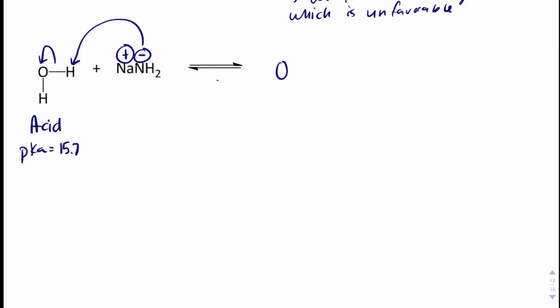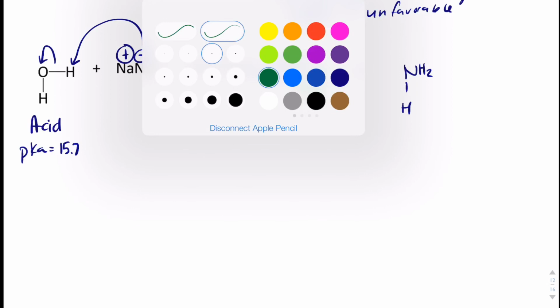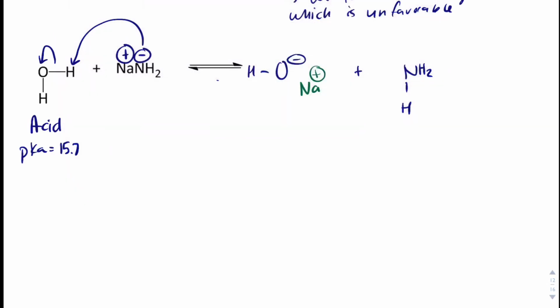We're going to get oxygen with a negative charge plus NH2 with another N on it. And what's really strange here is we don't care about the sodium. I mean, you could leave it off if you wanted to. Sodium's what's called a spectator ion. Just wherever the negative charge ends up, that's where sodium will be. So sodium actually goes with hydroxide here, and we get sodium hydroxide.